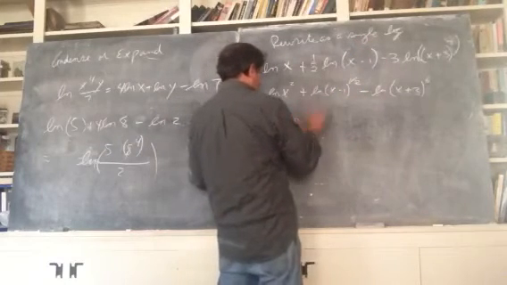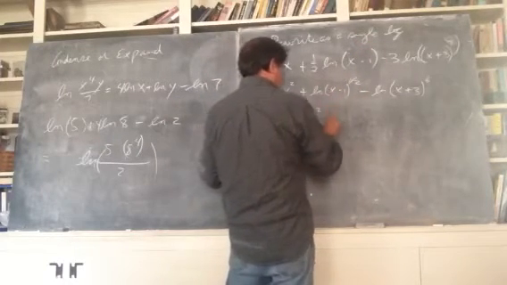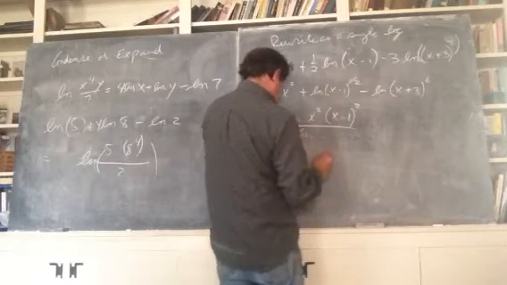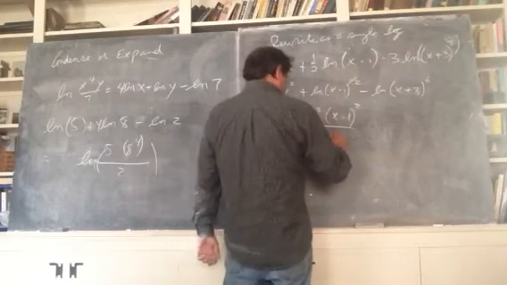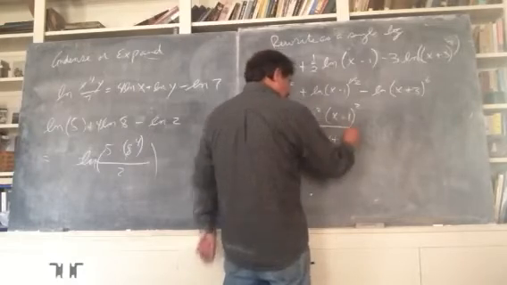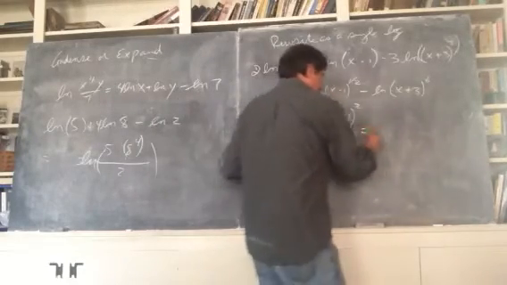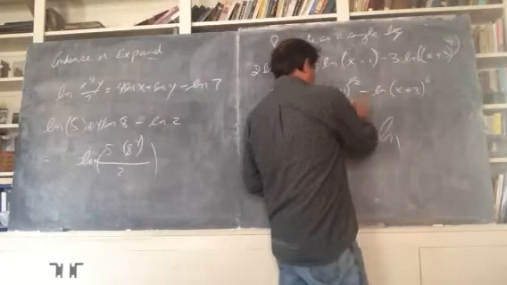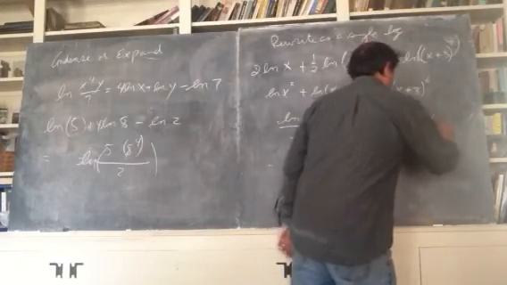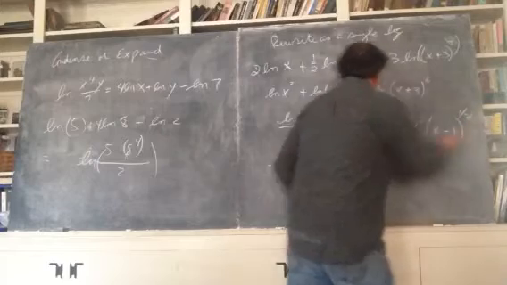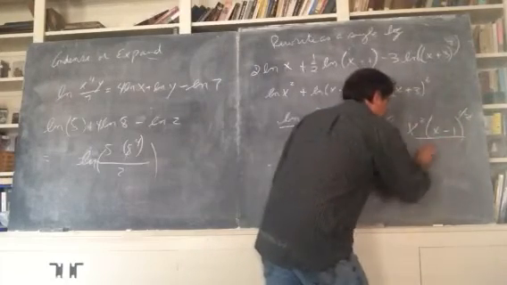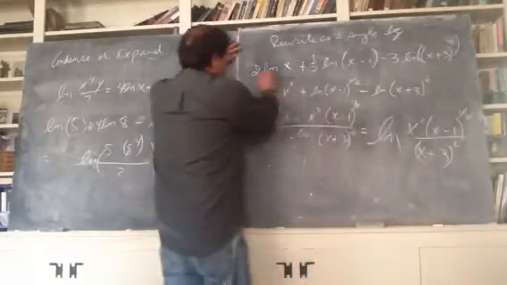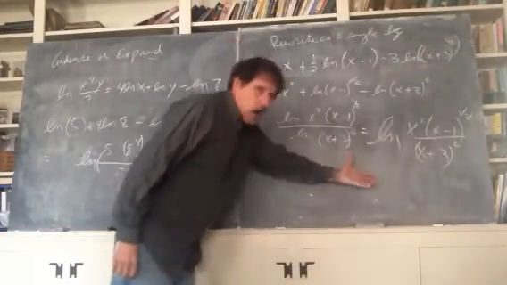So this is ln of x squared times x minus 1 to the half, over x plus 3 to the 6th. That just means ln of x squared, square root of x minus 1, over x plus 3 to the 6th. So we wrote all of this as a single logarithm.